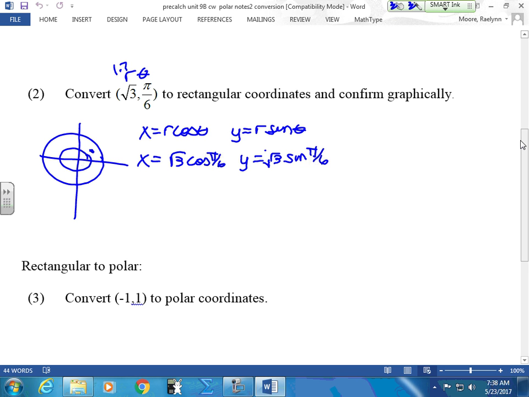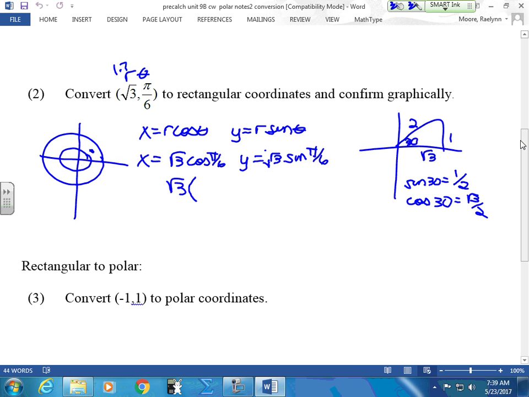So pi over 6, what angle is that? 30-degree angle. So I know my 30-degree angle. It says this is 1, 2, radical 3. So what's my sine of 30? One half. What's my cosine of 30? Radical 3 over 2. So I know both of those parts, right? So I plug them in.